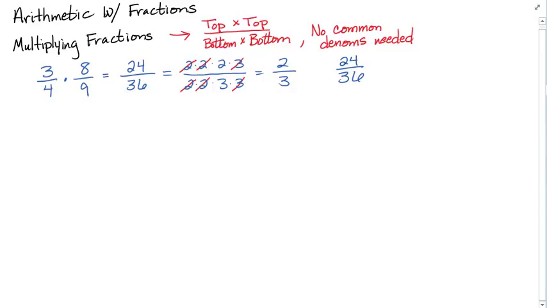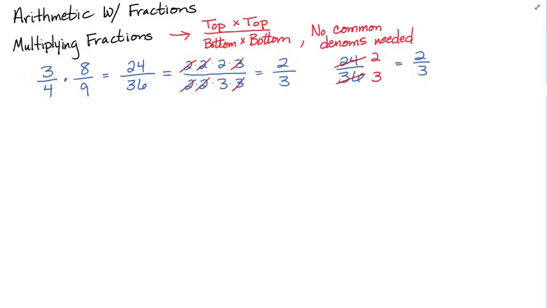So what I do is I say, okay, let's divide both numbers by 12. 24 divided by 12 is a 2. 36 divided by 12 is a 3. And notice that is our 2/3. So that's another way to simplify. Okay, so notice what we did in this problem. We just did top times top, bottom times bottom, got our answer, and then simplified.